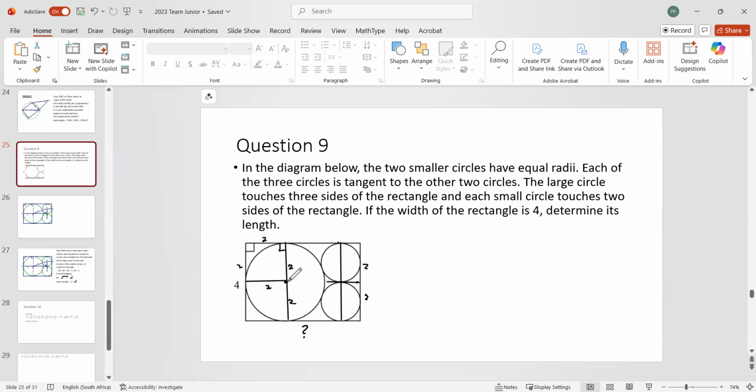The only other point is that if you join these 2 points, you see you get a rectangle. If I take this center here and join it to the center here, I'm going to get a rectangle like that. This will pass through the point of contact here, and you've got a square here, and so on.